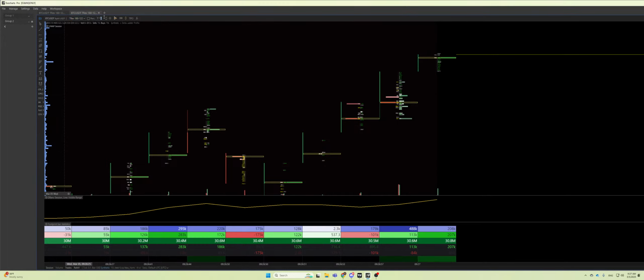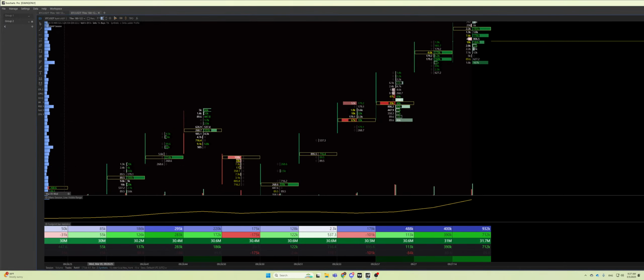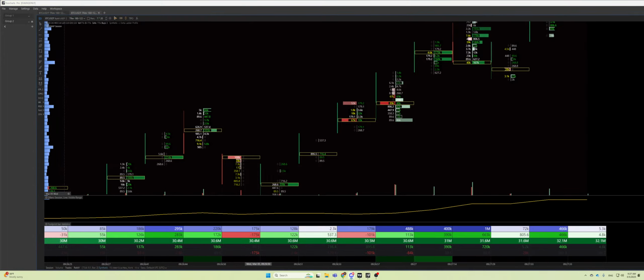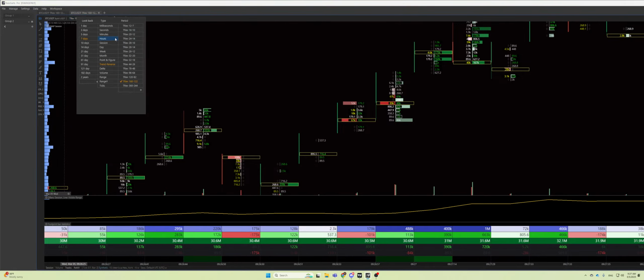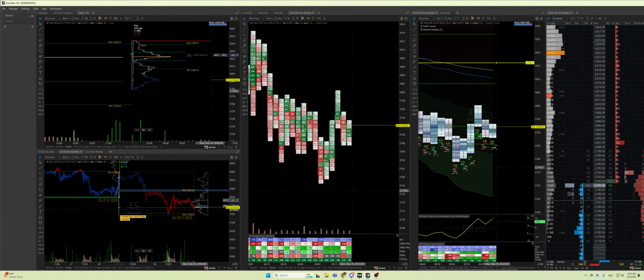This is way too low of ticks. 20 is too high, I think 10 is better. This is gonna take forever. Oh, we're gonna go to minute charts. Let's get a 5-minute, and we'll switch back up over here.